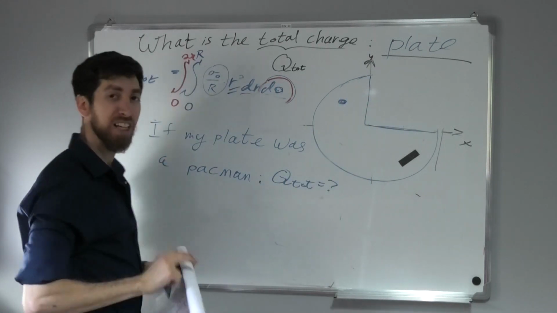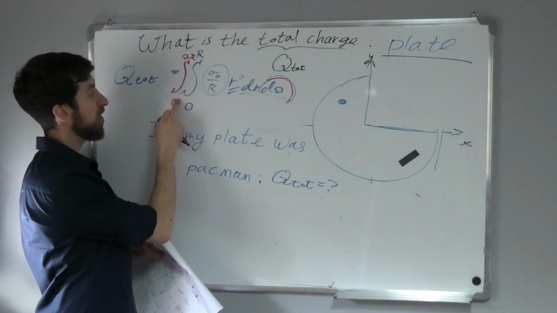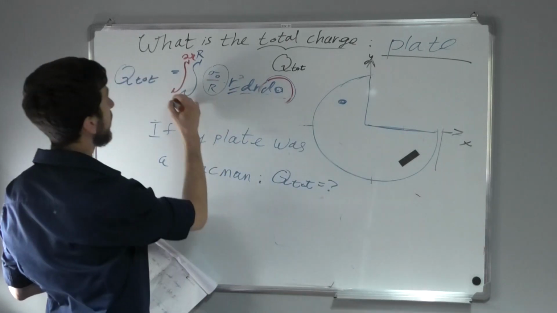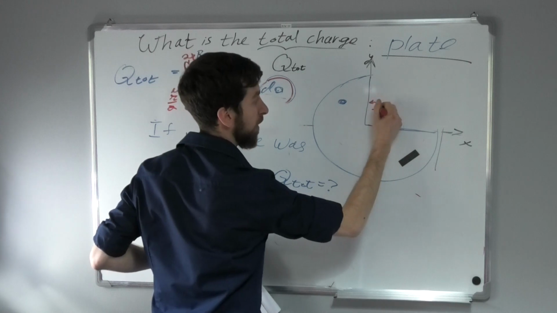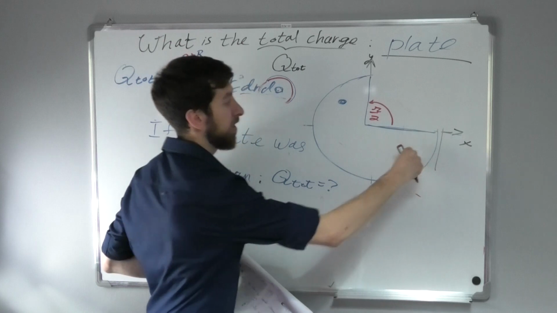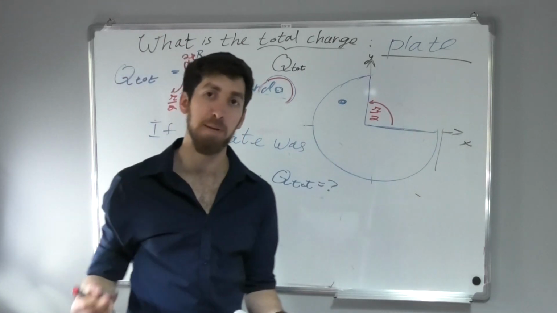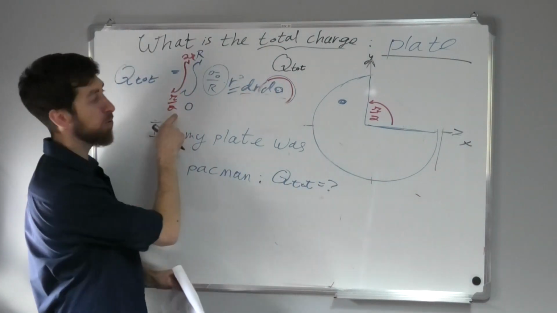So the only thing that needs to change is 0 to pi over 2. I don't need these pieces; if I sum them up, I would not get a Pac-Man, I would get a normal plate. So this is how you're going to solve it.